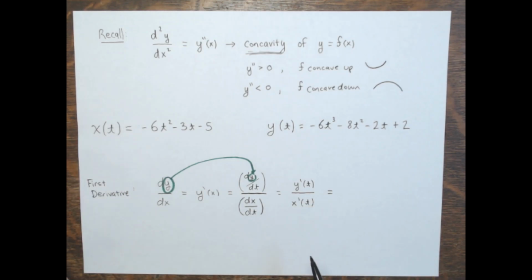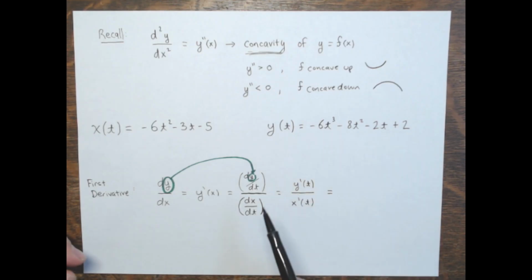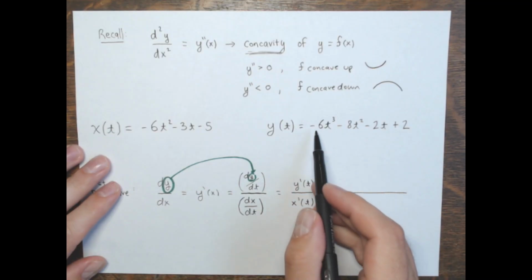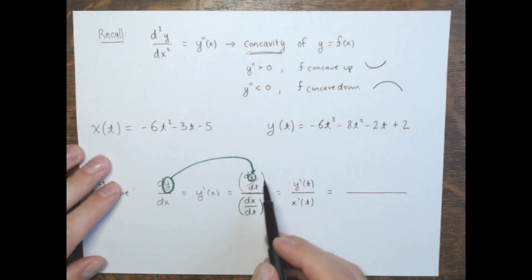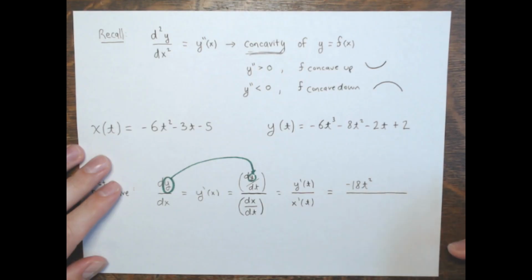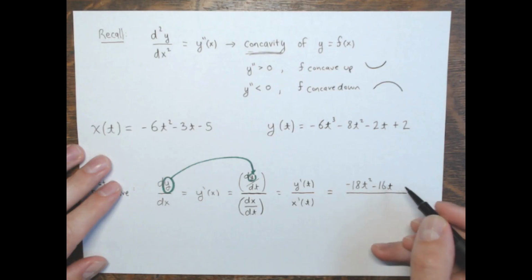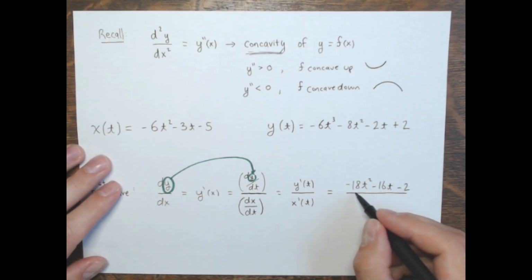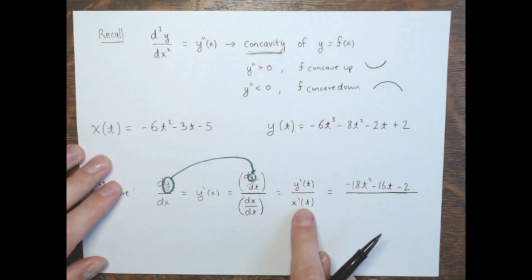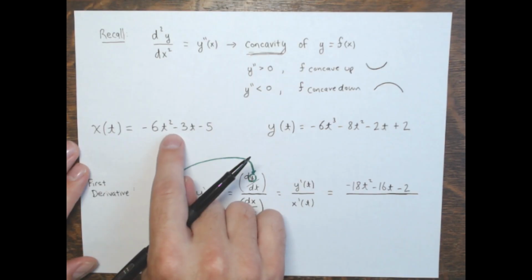And we have these. We can easily find these. The derivative of y with respect to t, this is a simple polynomial. Let's go term by term here with the power rule. All right, so the numerator with y prime, dy over dt, would be negative 18t squared minus 16t to the first minus 2, and the denominator is the derivative of x with respect to t, this polynomial.